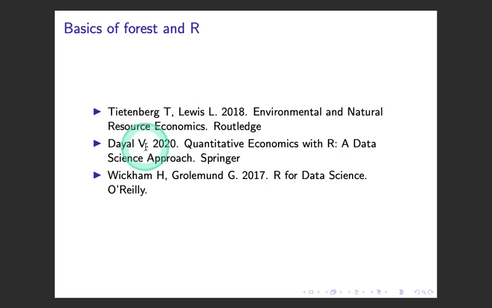There's a book by me, Quantitative Economics with R, a data science approach, published by Springer in 2020, that goes through R, the style that we've used in this video, and uses a fairly user-friendly approach. This is a very good book. It's available freely online. It would be a very good reference.